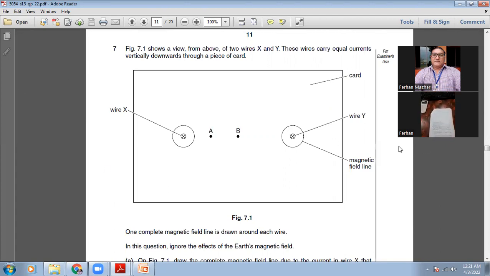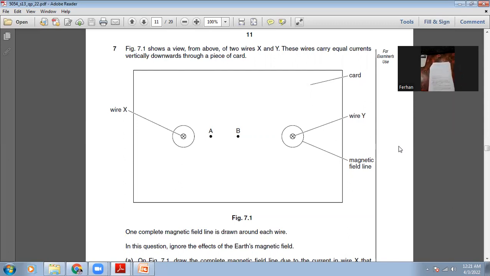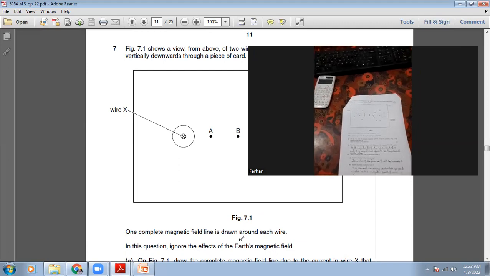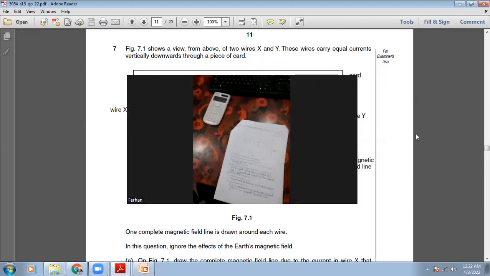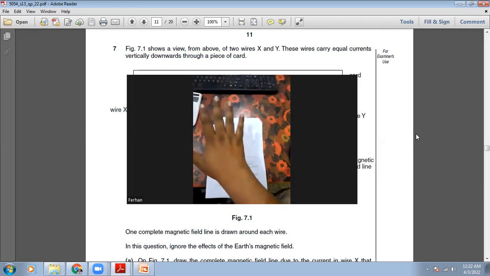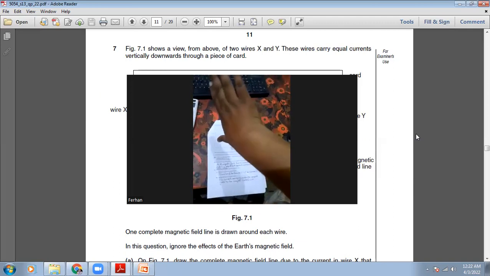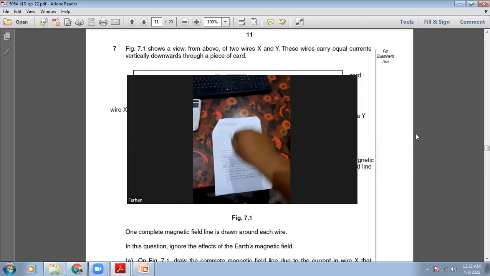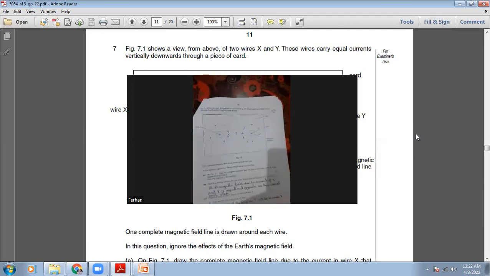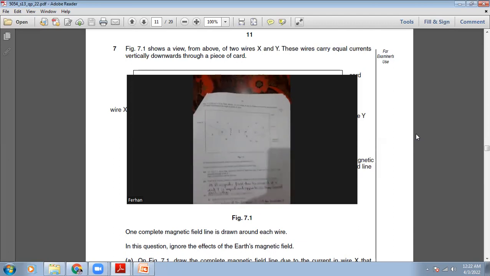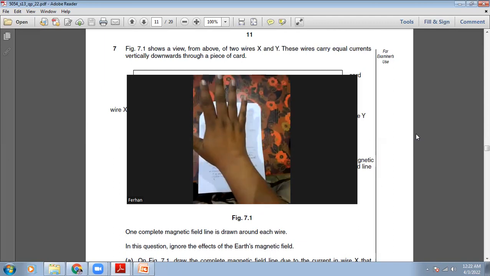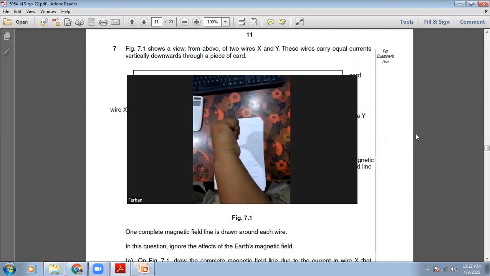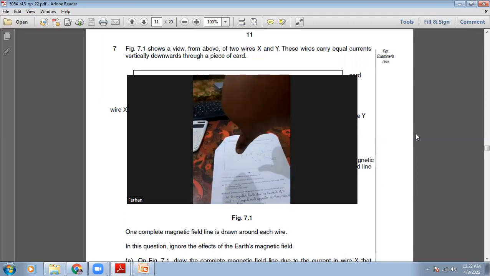So we will use the right hand grip rule. Take your right hand, and curl the fingers of the right hand. This cross means that the current is going into the page. My thumb is showing the direction of the current.